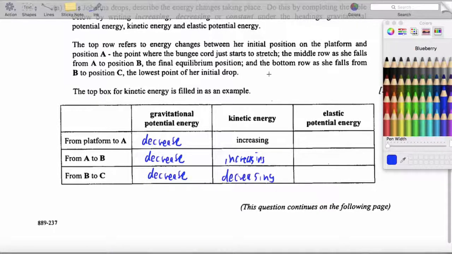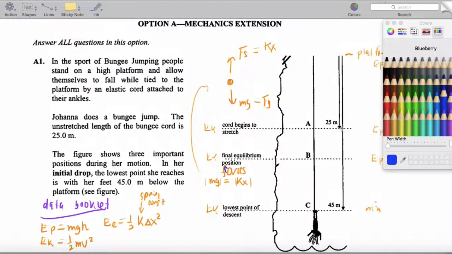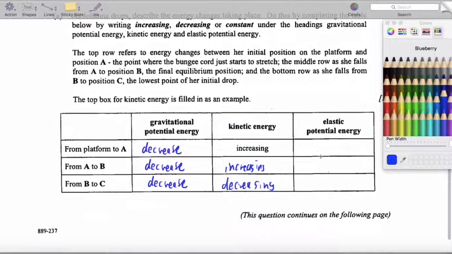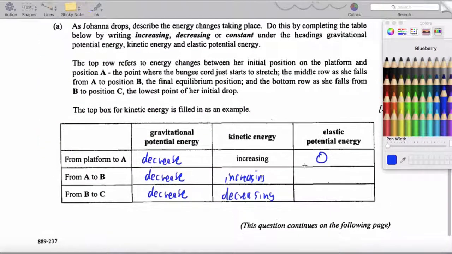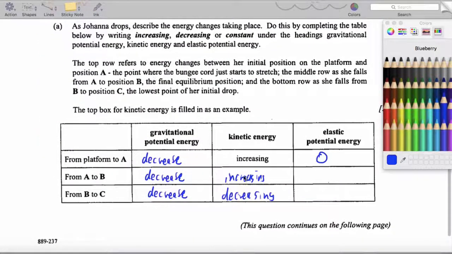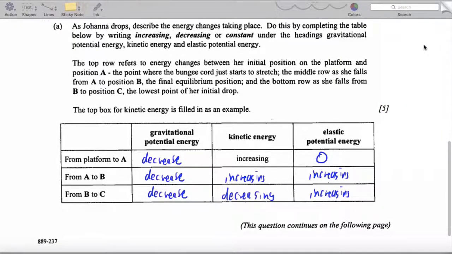Now, as far as the elastic potential energy goes, from 0 to A, there's no stretching of the cord, so nothing happens. And then as we continue to stretch more and more, we are just going to continue to increase our elastic potential energy the whole time until we stop.